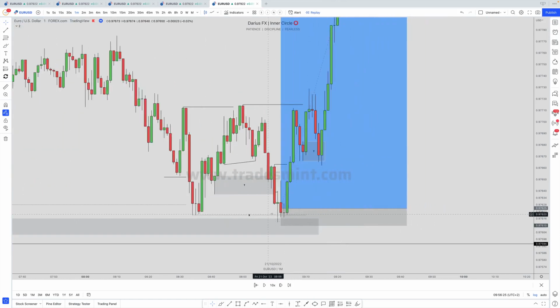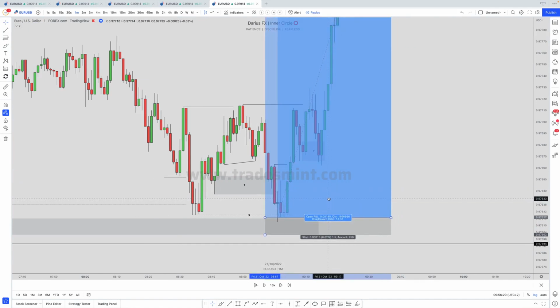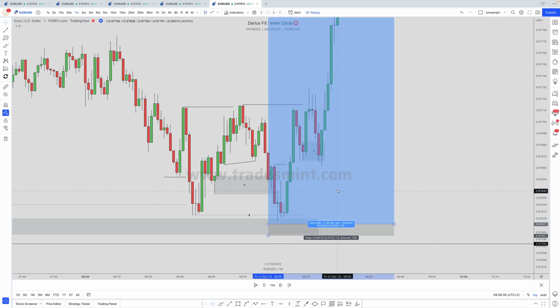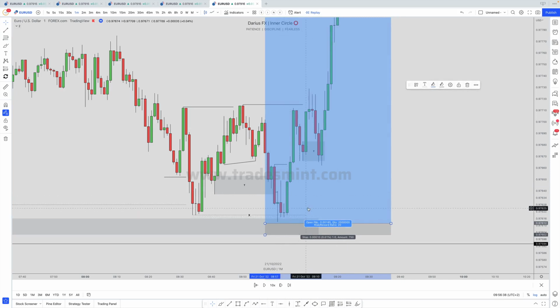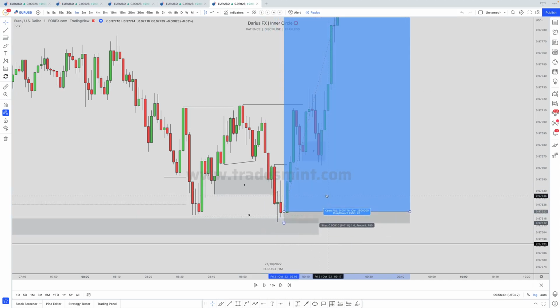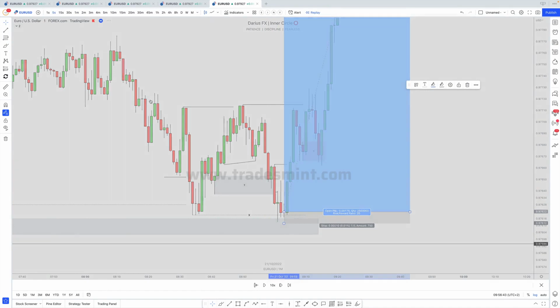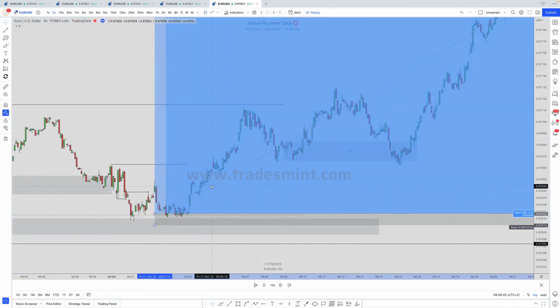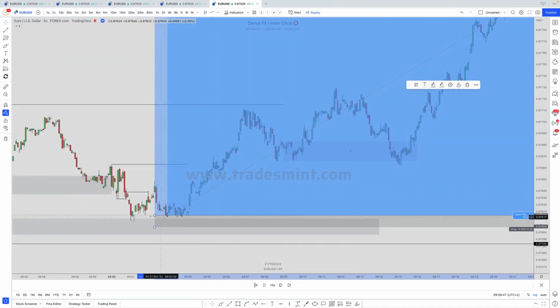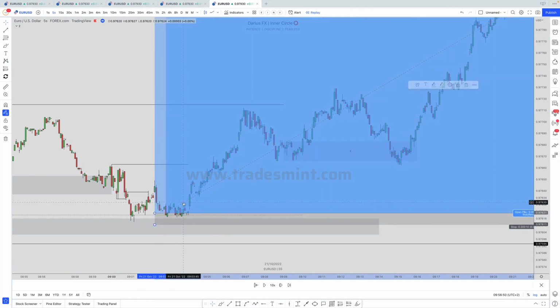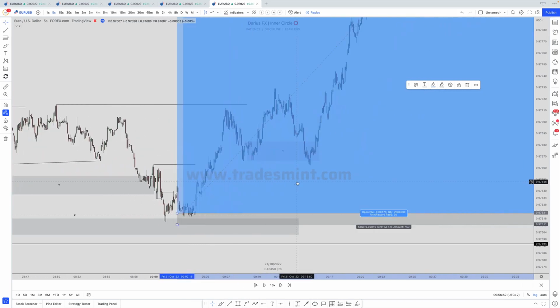What I like to use is also, if the 1 pip will not drag me in, for instance, if right now the 1 pip is not dragging me in, like in this case, then I like to check out very quickly the 5 seconds, understand this most recent price action, and then I can still go with my 1 pip. Or I use even more because I'm aware of missing it one more time. So for me, it's always a 1 to 2 pip maximum.